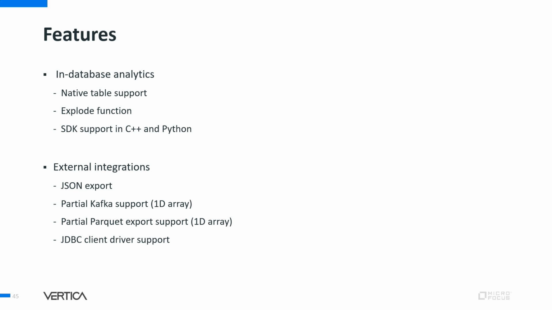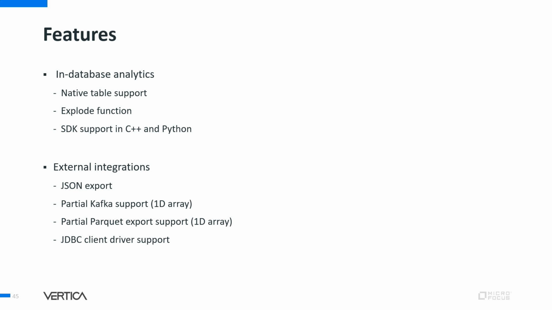We have a bunch of external integrations, such as the JSON export that we saw. There's also some limited Kafka export support with one-dimensional arrays and limited Parquet export support with one-dimensional arrays.